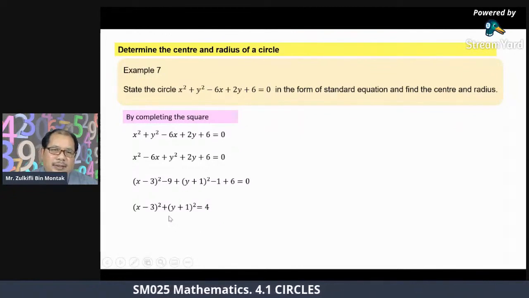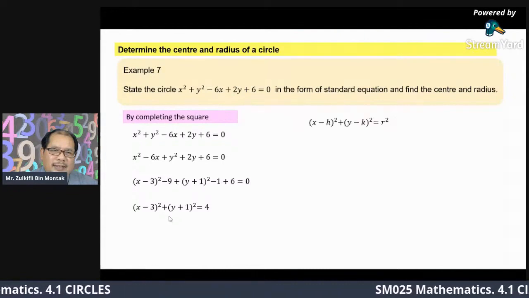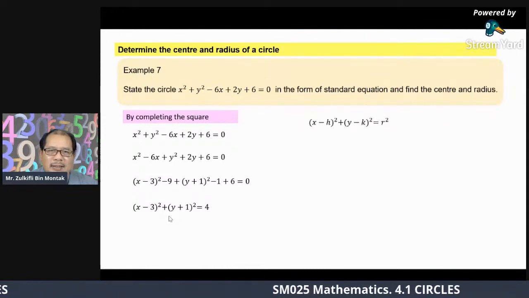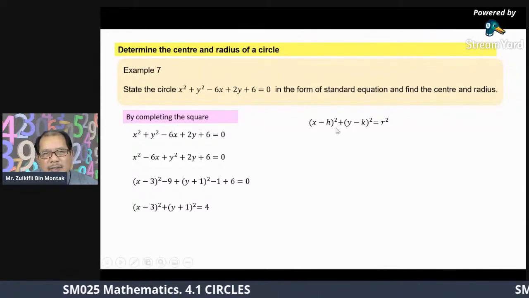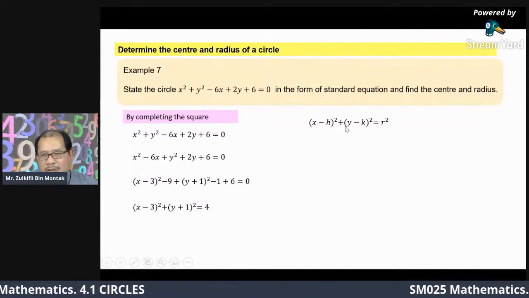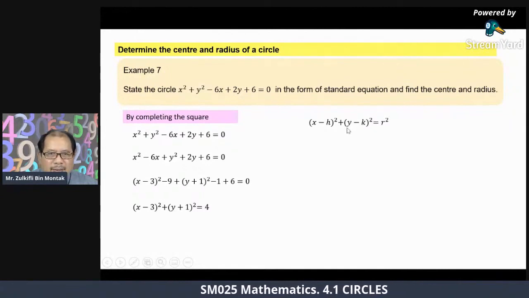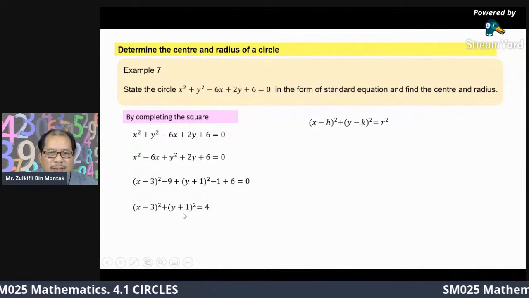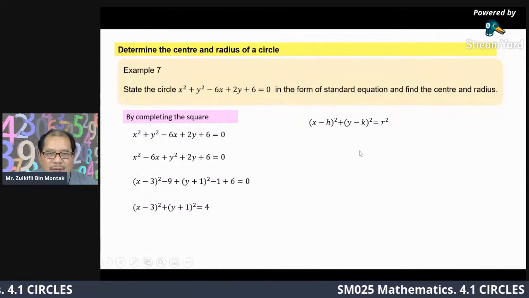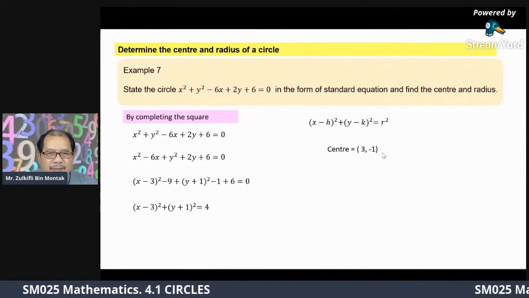So this is the standard form with the center. The standard form equation is x minus h squared plus y minus k squared equal to r squared. If you compare the standard form with the solution x minus 3 squared plus y plus 1 squared equal to 4, we know that h equals 3 and k equals negative 1.